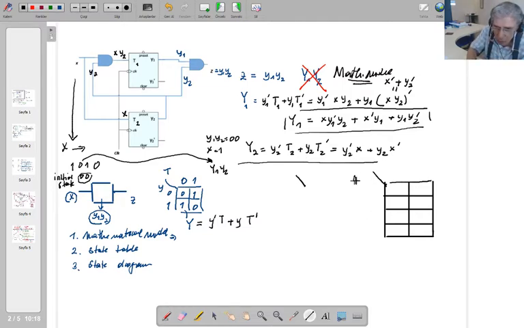So y1, y2: 0 0, 0 1, 1 1, 1 0. This is the Karnaugh map order. So x is equal to 0 and x is equal to 1. Now since this is a Moore machine, because of this, the z function does not depend on the input sequence.